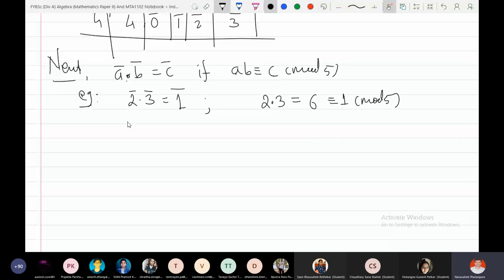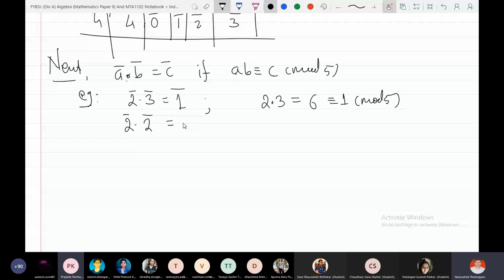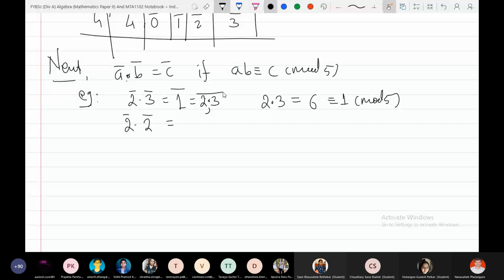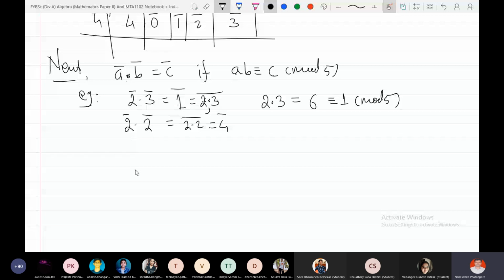So what is 2 bar into 2 bar? 4 bar. It is the class of 2 into 2, which is 4 bar. Because class of 2 into 3 means class of 6, which is the same as class of 1. Right. What is 3 bar into 4 bar? This is the product of two classes. And what is the product of two classes? It is the class of their product.